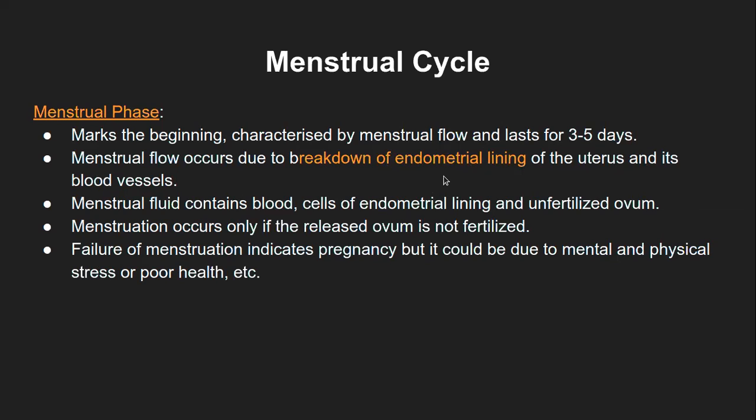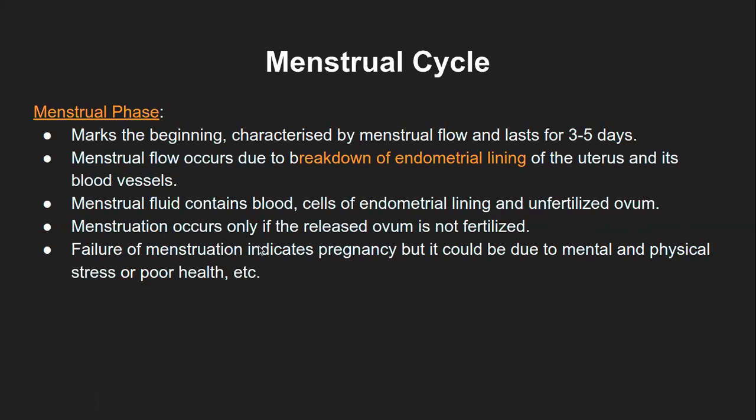So along with all of that, it is broken. Menstrual fluid contains blood from these blood vessels, cells of the endometrial lining, that is from the endometrium region, and the unfertilized ovum, whichever is secreted by the ovary. These three things are there in the menstrual fluid.